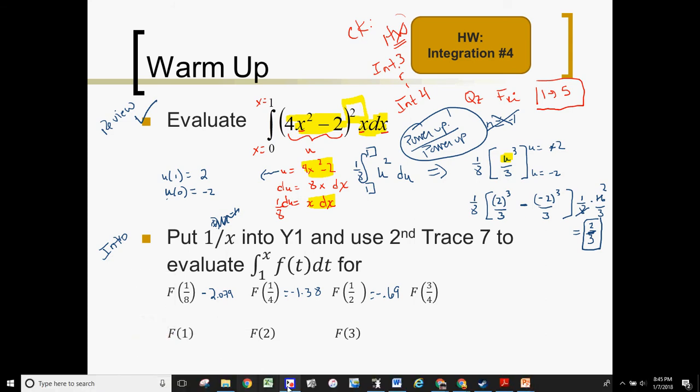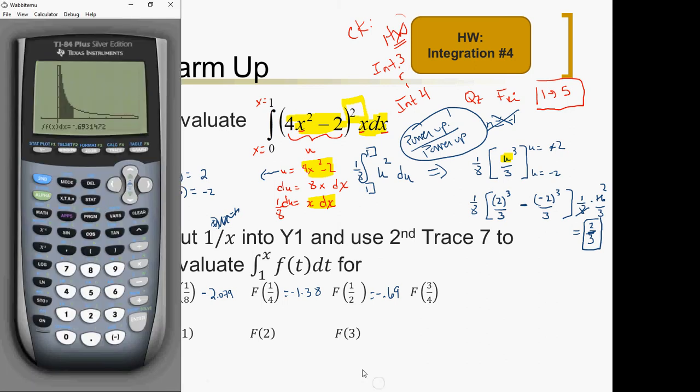How about 3/4? You're about getting sick of this, aren't you? -0.28.